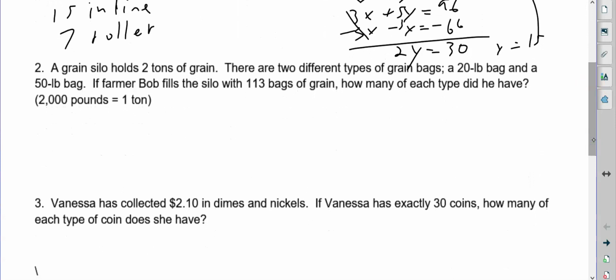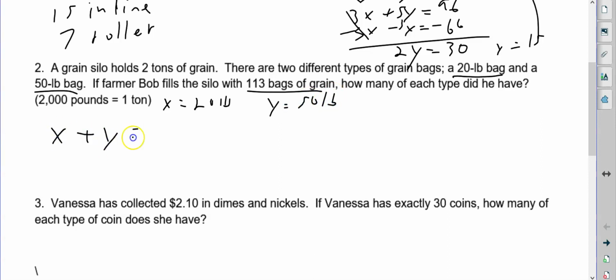Okay, grain silo holds 2 tons of grain. There are 2 different types of grain bags. There's a 20-pound and a 50-pound. Okay, there's 113 bags. So I'm going to go X is 20-pound and Y is my 50-pound. Okay. Now, this number of bags plus this number of bags equals 113 bags.